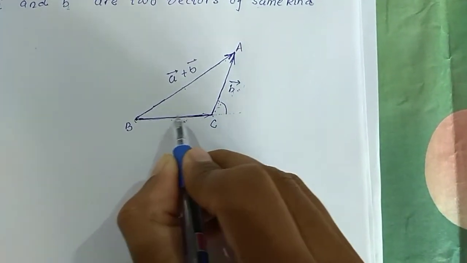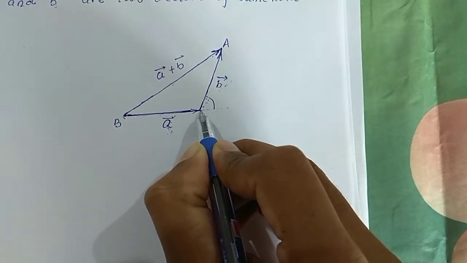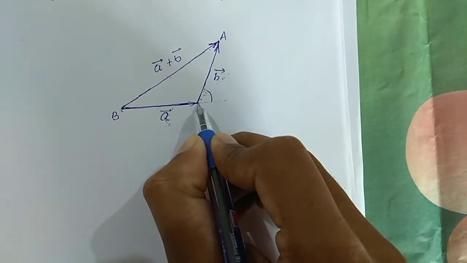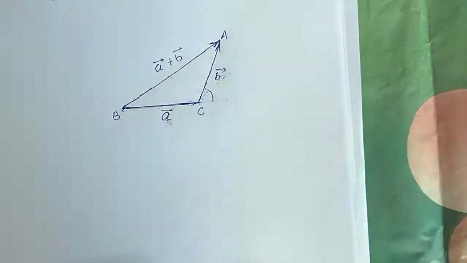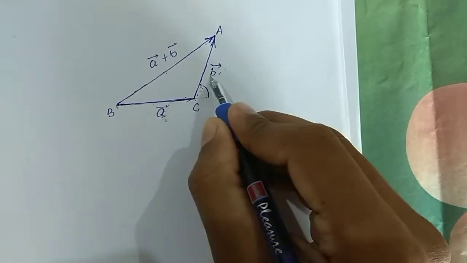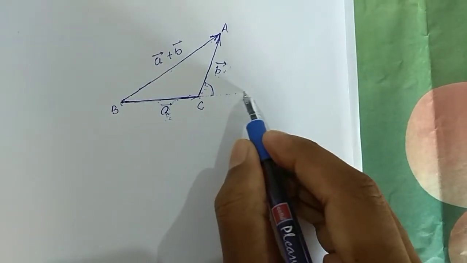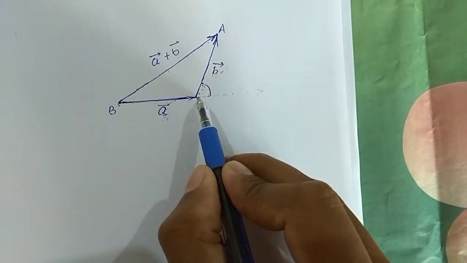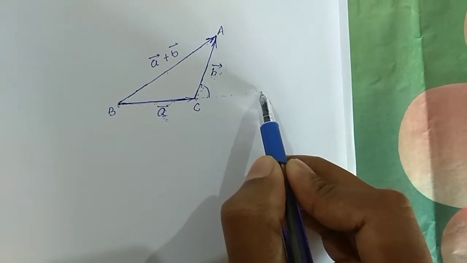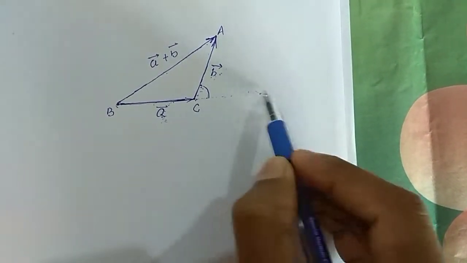If A and B are vectors that diverge from a point, or appear to diverge from a point, then this is called the angle between vectors A and B. If we shift vector A in this way, you see this is the point where the vectors are diverging from.